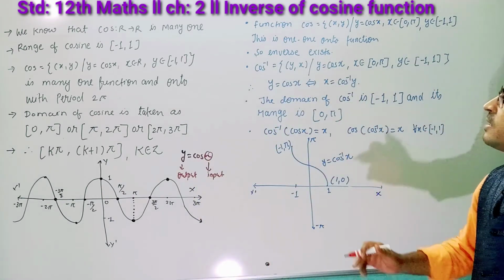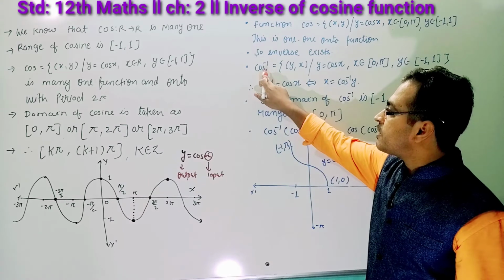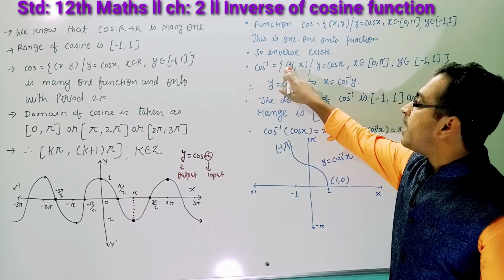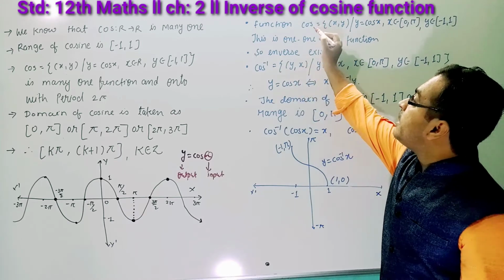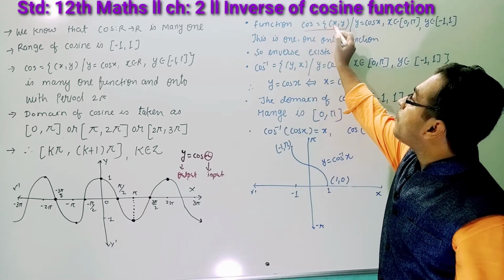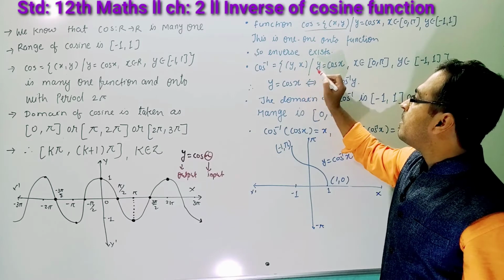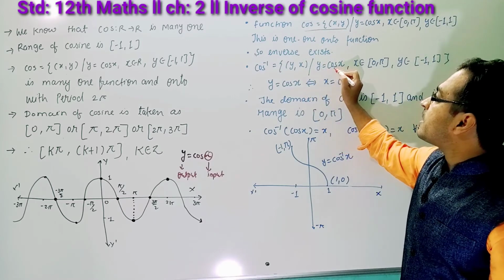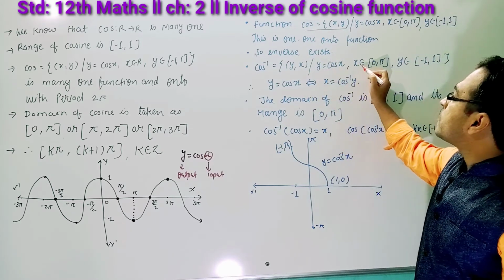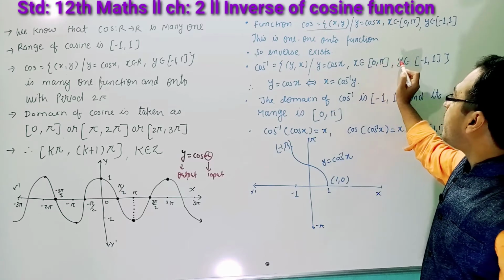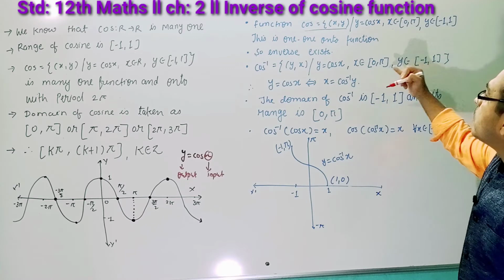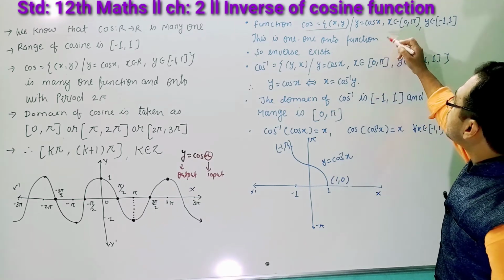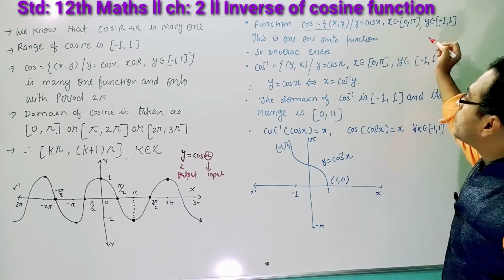So here you can see that if you want to find cos inverse, the elements are in the form of y and x, initially it was in the form of x and y, means y is equal to cos x, so x belongs to 0 to pi, and y will be minus 1 to 1. So initially x was 0 to pi and y was minus 1 to 1.